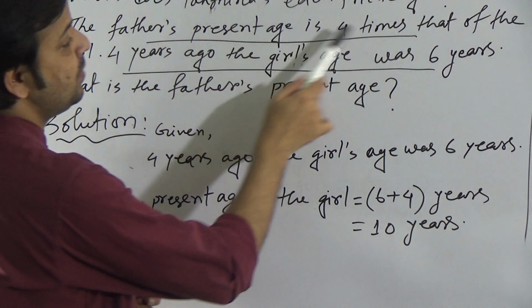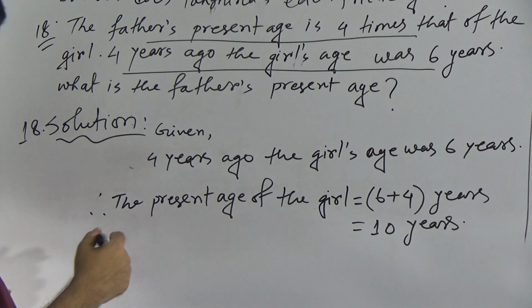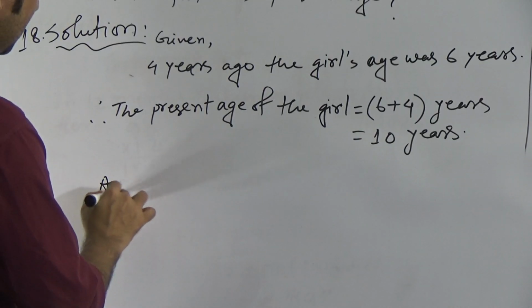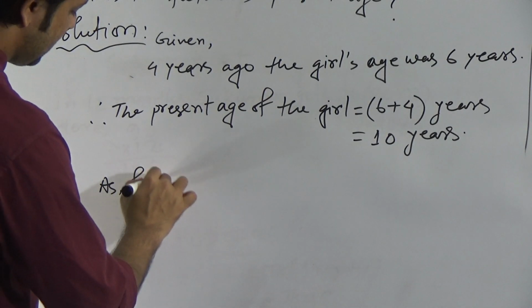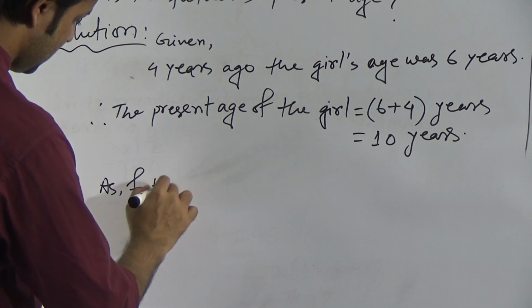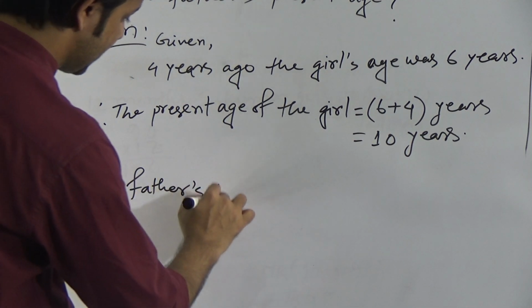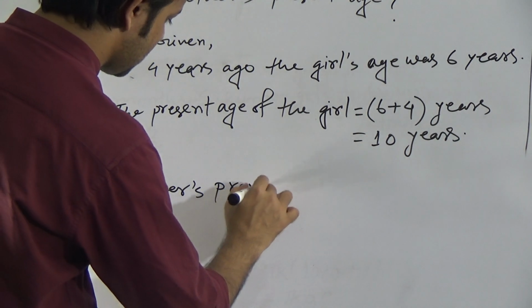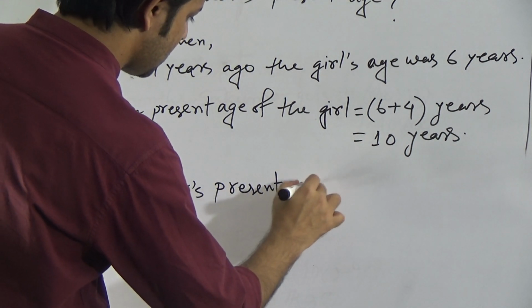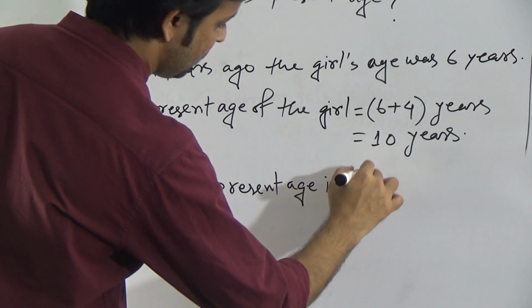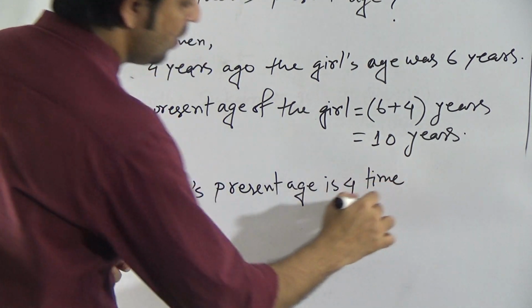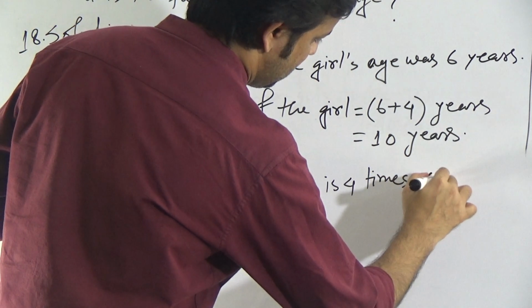Dear students, now here is another condition. Father's present age is 4 times that of the girl. So we have to write as father's present age is 4 times that of the girl.